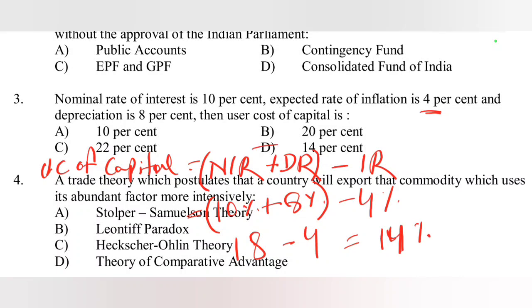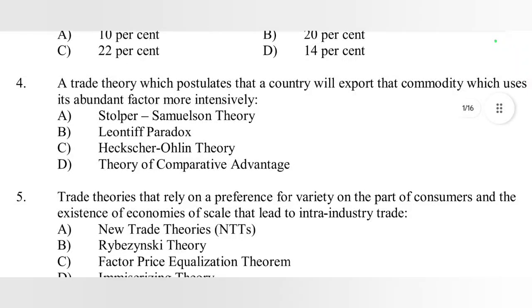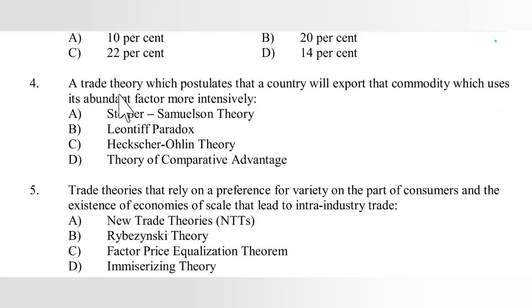So the right option is 14%. The user cost of capital, nominal interest rate plus depreciation rate minus inflation rate, is 14%. Option D.